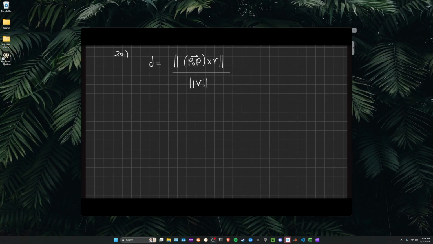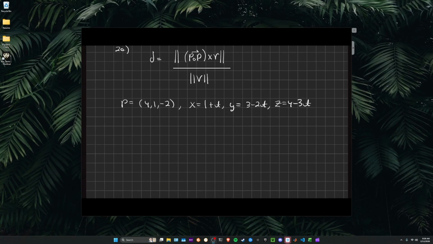Okay, so we're given for 69 a point P being (4, 1, -2), and our line would be, I'm going to use the parametric equations. That's what the book's using, x equals 1 plus t, y equals 3 minus 2t, and z equals 4 minus 3t.